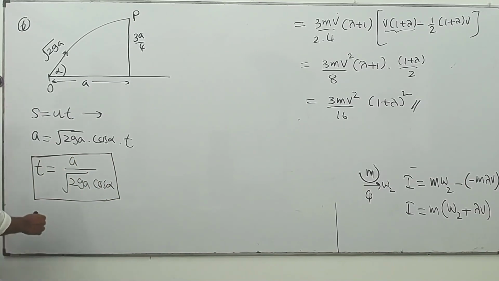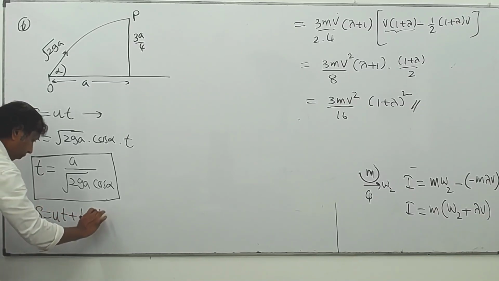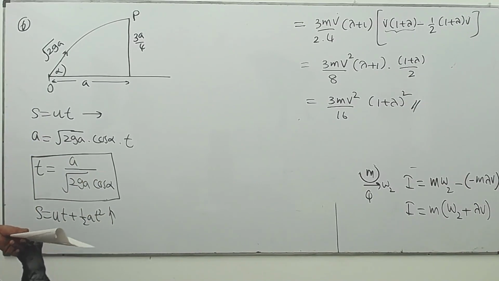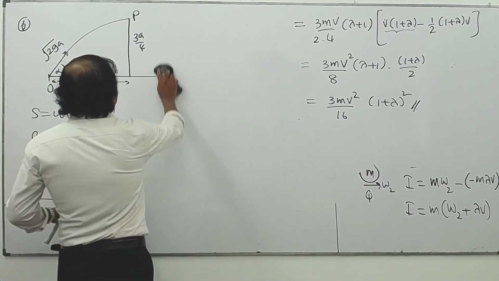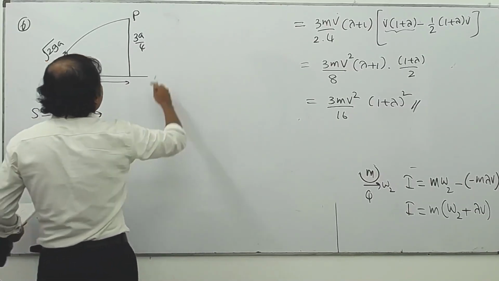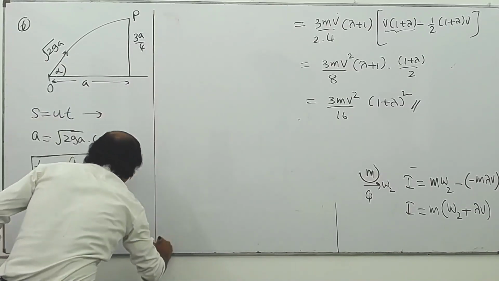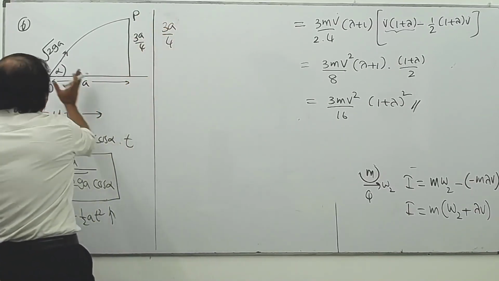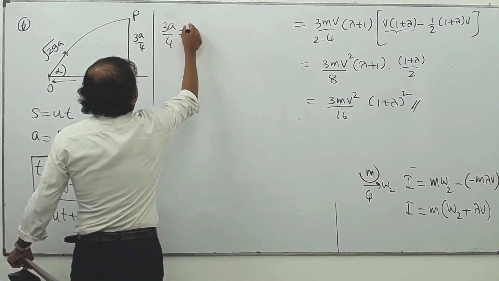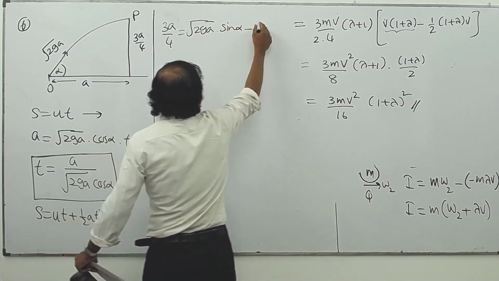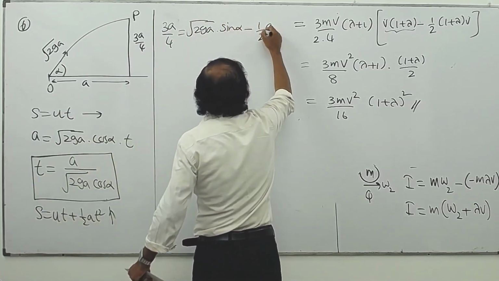Now apply UT plus half AT squared upwards. 3/4 is the height, no? This sin alpha, root 2 ga sin alpha, minus, moving upwards, g.